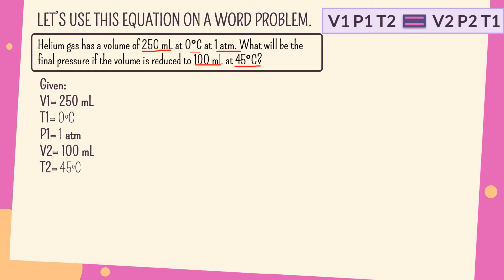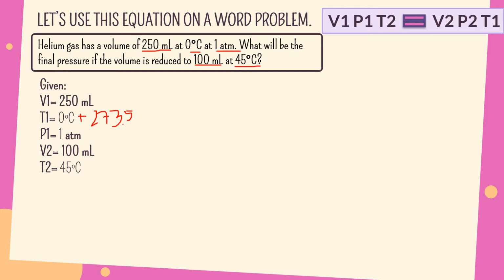So in this word problem, we have a temperature on a Celsius scale. So first, we need to convert it into the Kelvin scale. And to do that, you need to add 273.5 to the given degrees Celsius.